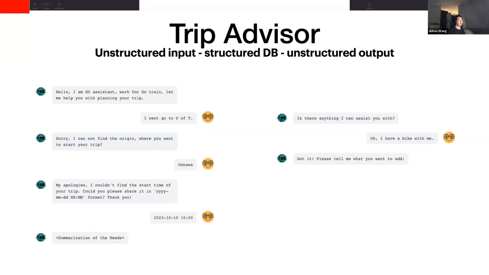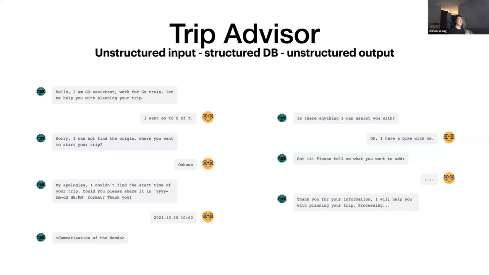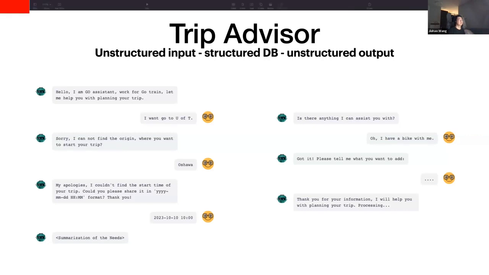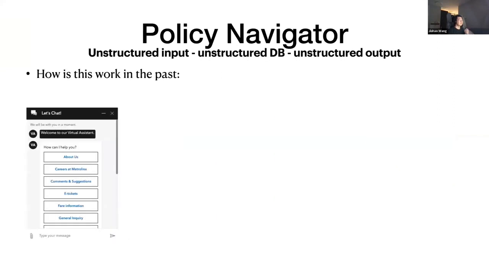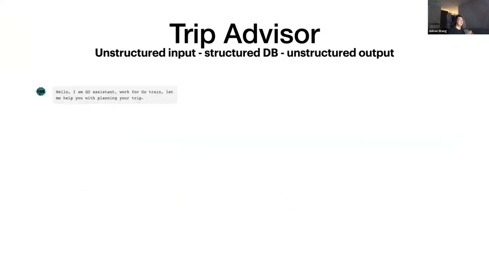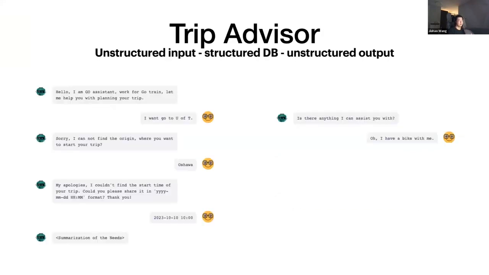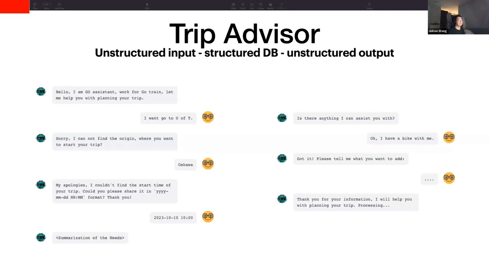All of this logic happens autonomously by the assistant itself. So when there's no more information you want to provide, it stops asking for more information and just processes the search to give you some trip information, as we demonstrated in the last slides.